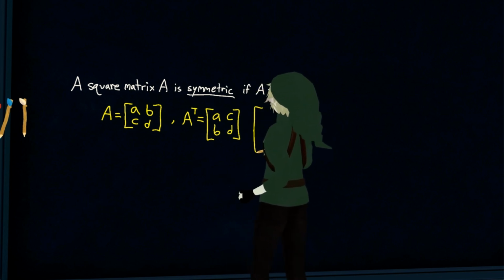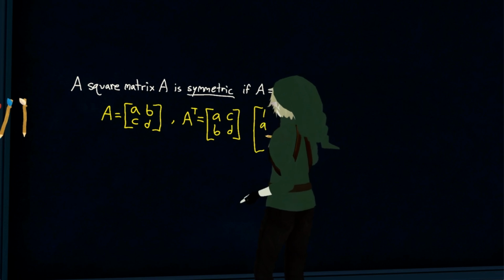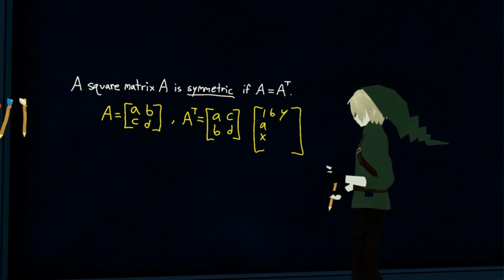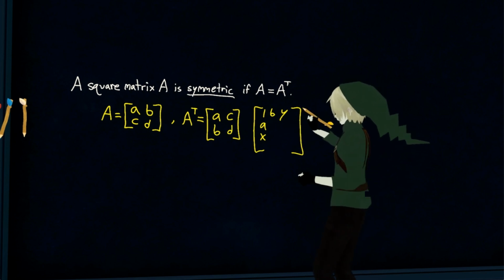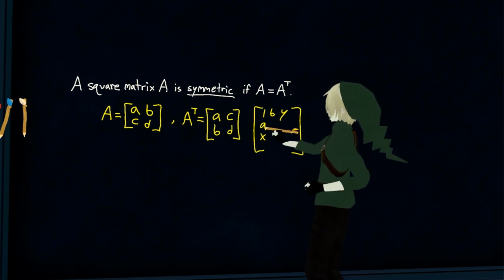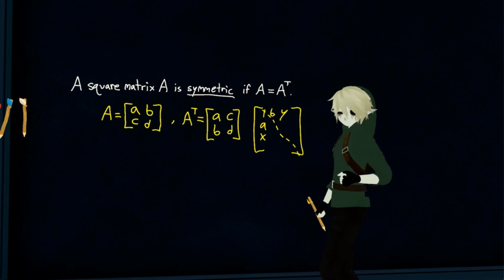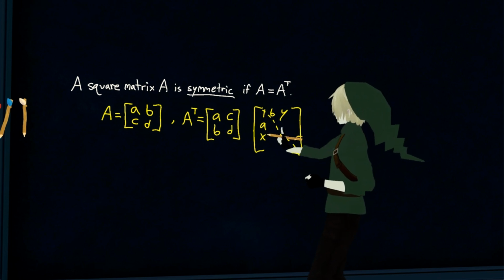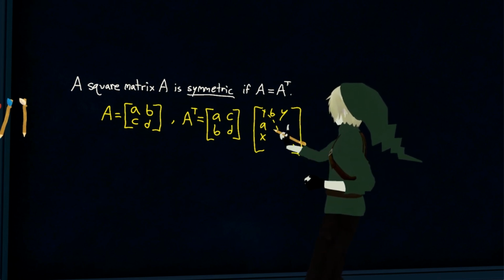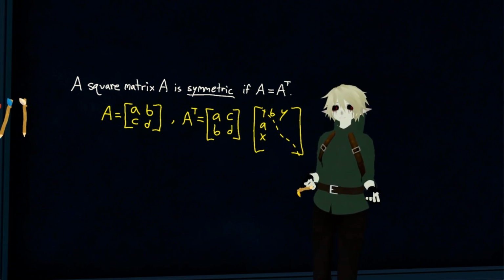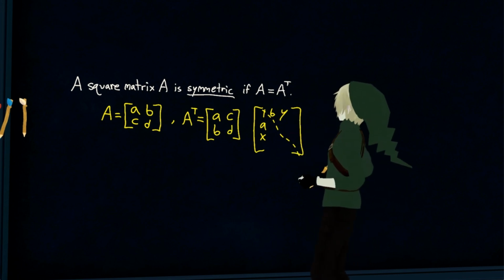If I had something like X, B, Y, or some big matrix, and I want to transpose this big matrix, these two would swap, and these two would swap. It's like a reflection here, okay? It's like a diagonal reflection. We're swapping diagonally. That's why when transposing a matrix, it's not a rotation. It's like a reflection in a way. Okay.